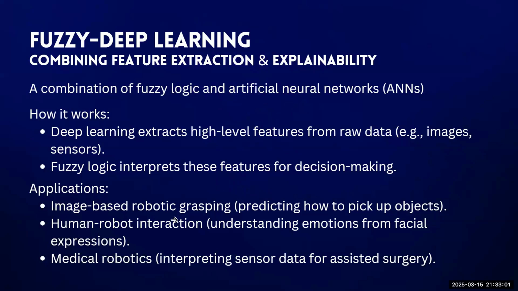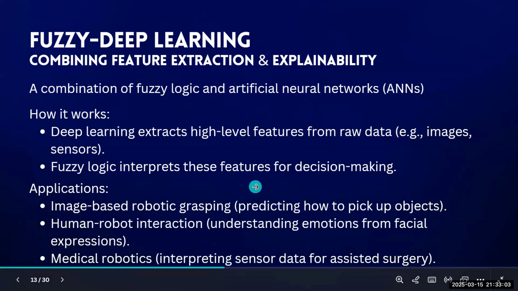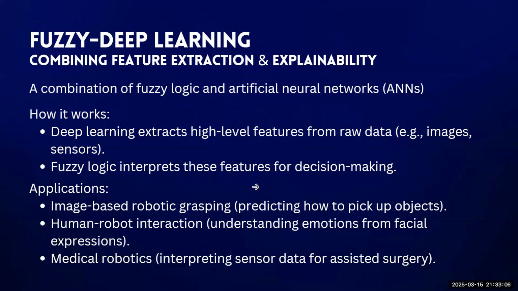For example, if we have a robot arm, we can use deep learning to help the robot identify what kind of object it is, and we can use fuzzy logic, like I explained earlier, to decide how much pressure it should use when grabbing that item.